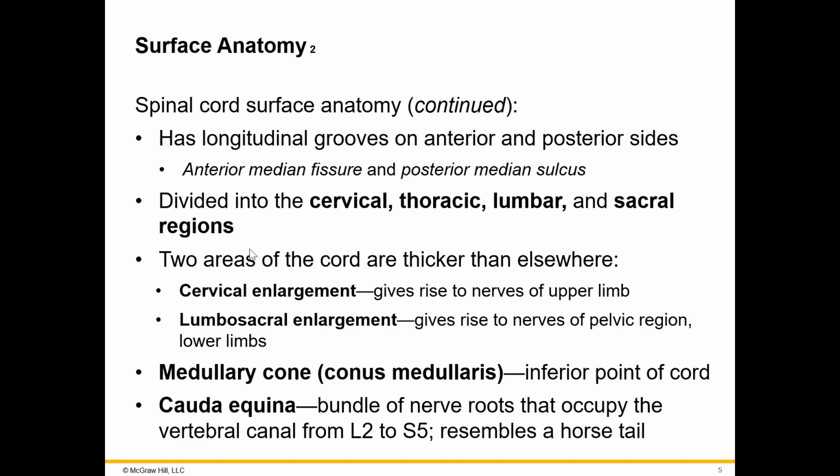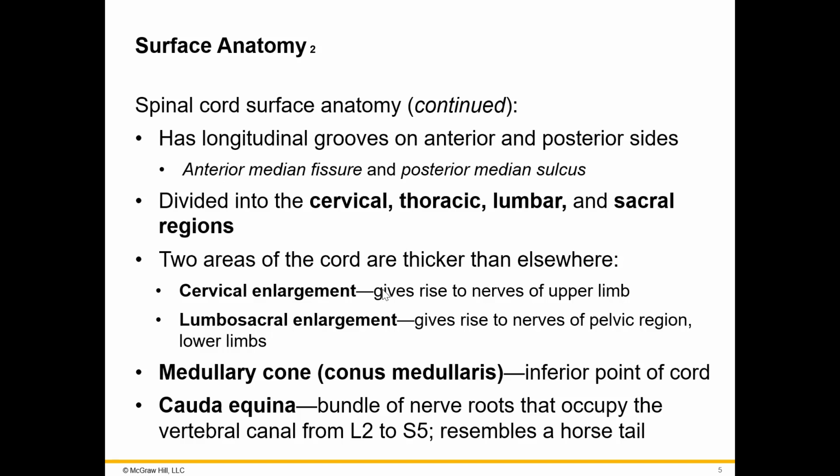There are two areas of the spinal cord that are thicker than elsewhere. There is a cervical bulge, a cervical enlargement that gives rise to the nerves of the upper limb.